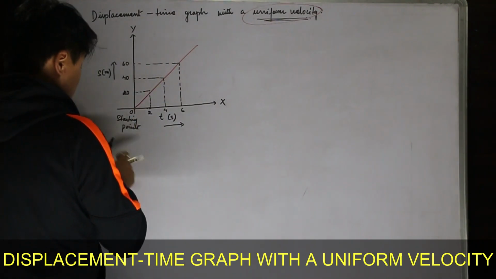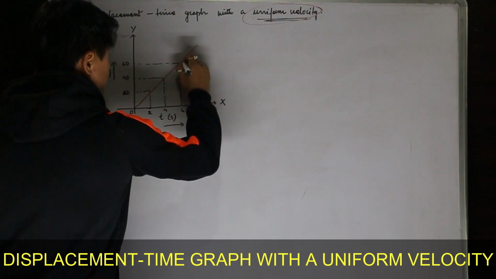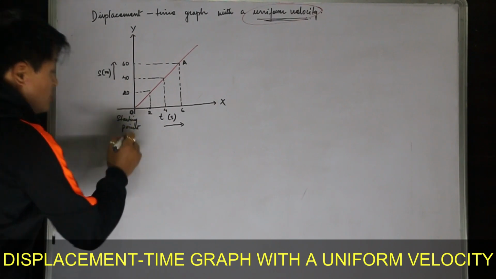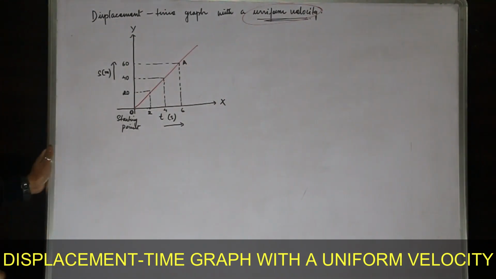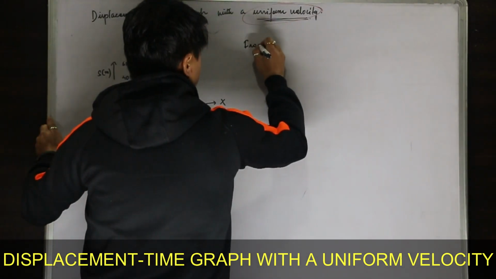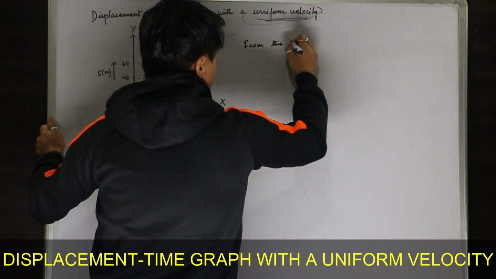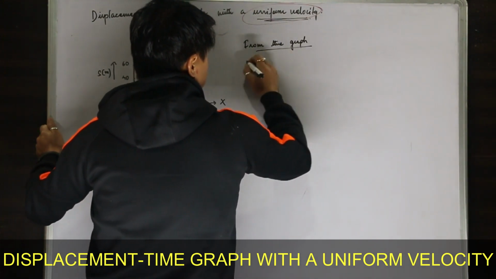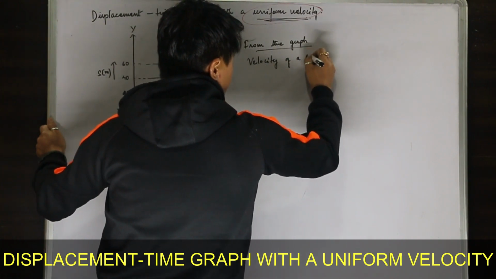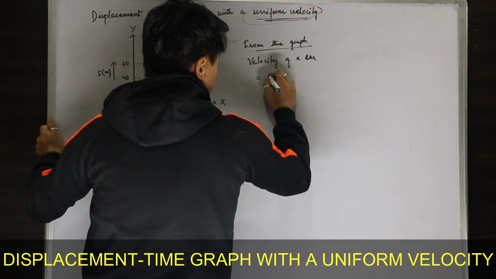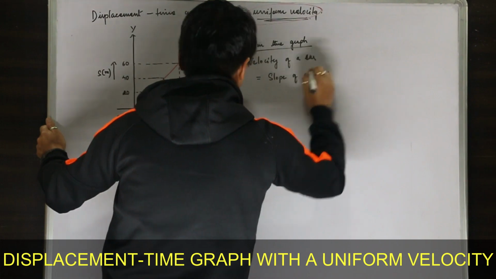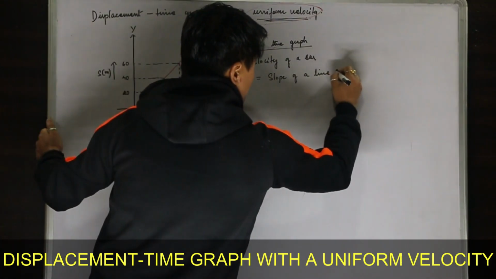This position we consider as A. This is the initial position O, and this position is A. Now we have to find the velocity of the car. From the graph, the velocity of the car is equal to the slope of the line OA.